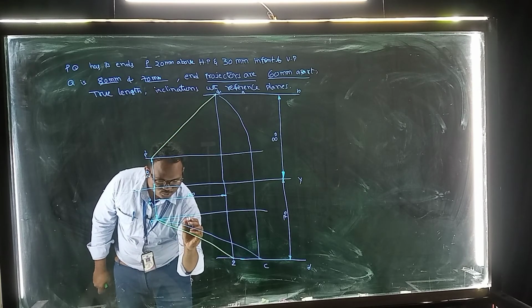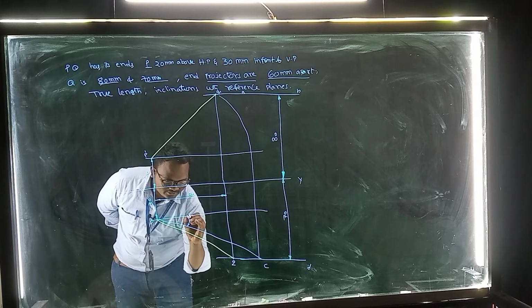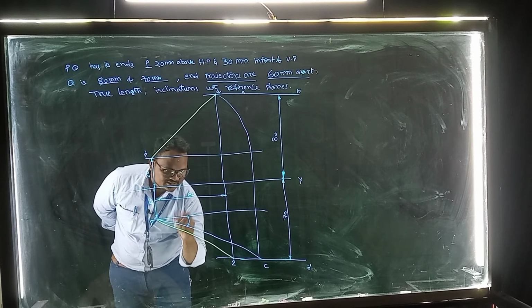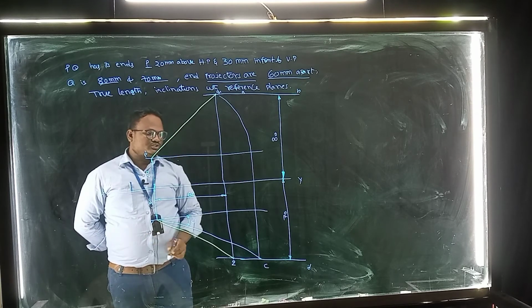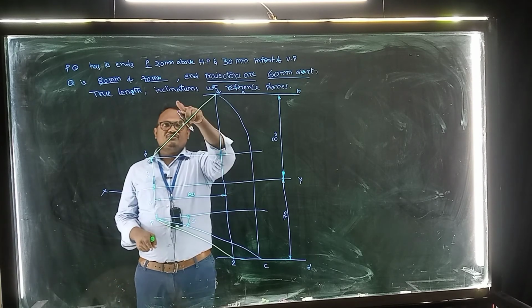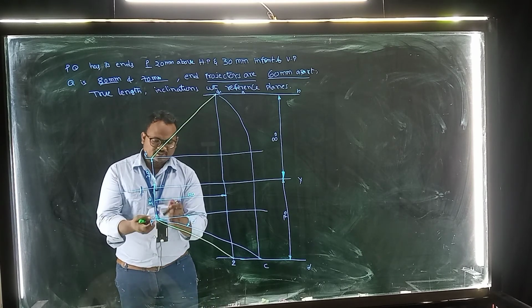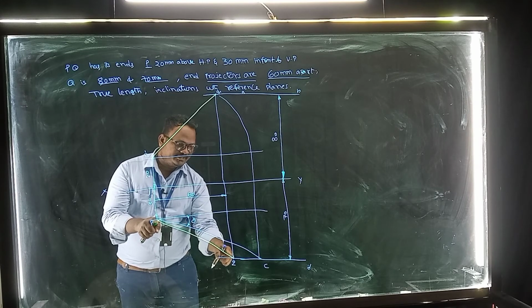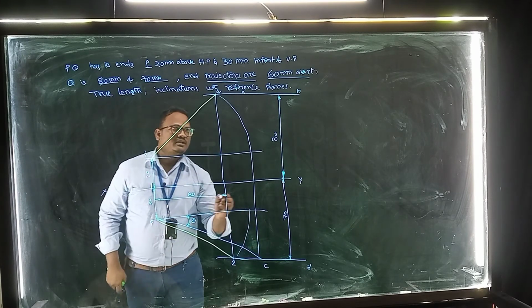So this is the true angle of inclination. Whatever angle of inclination you are getting, this is the true angle of inclination. Okay, something you will get. So if you want to find out the true length here, similarly take this radius, project up to this plane.